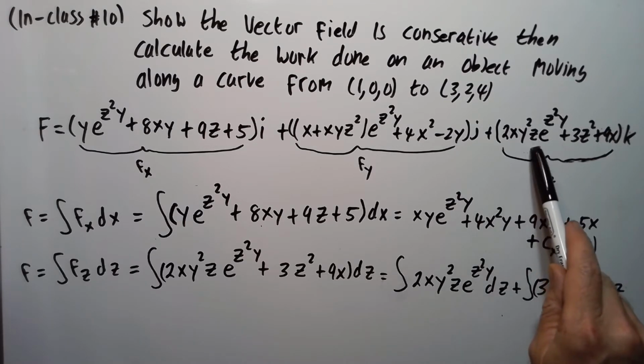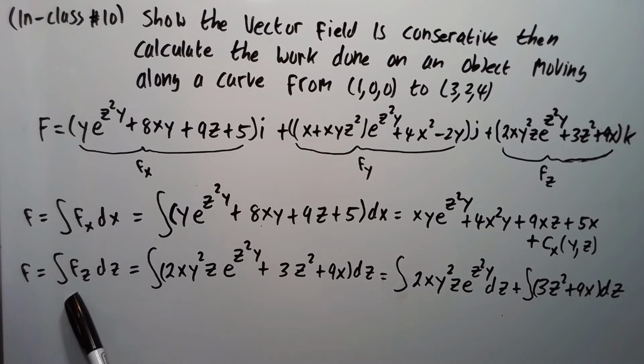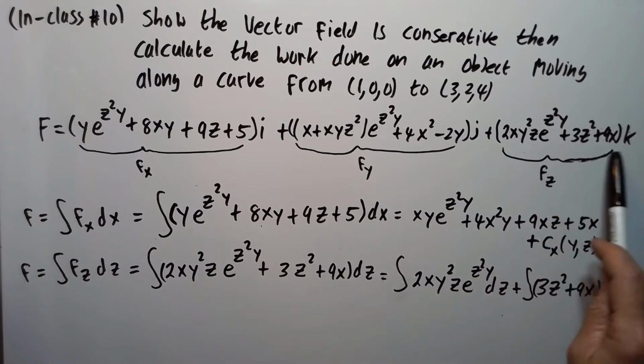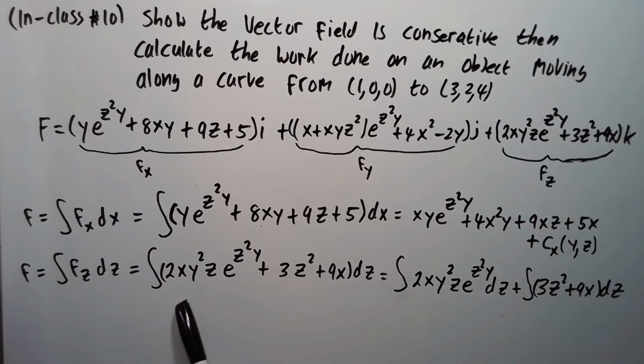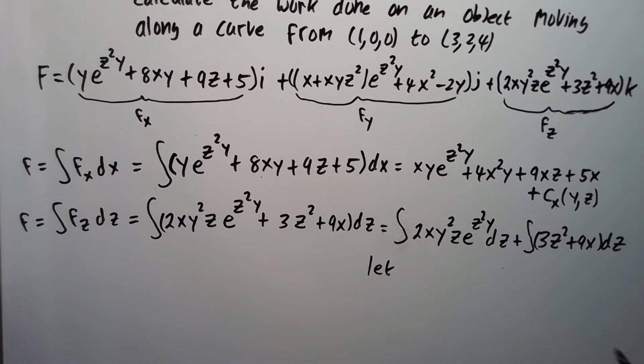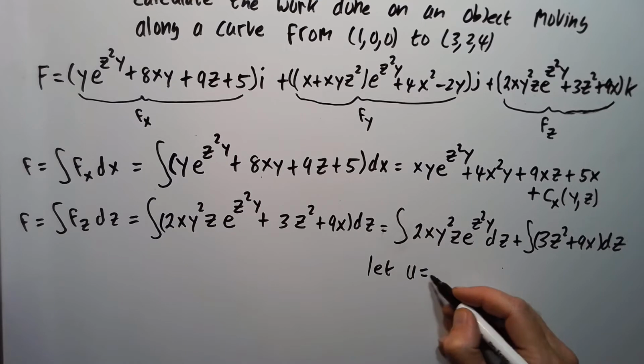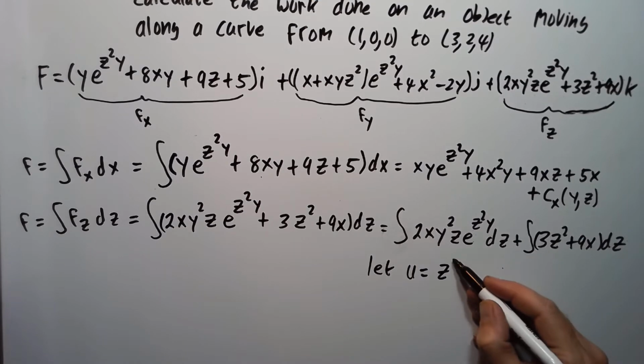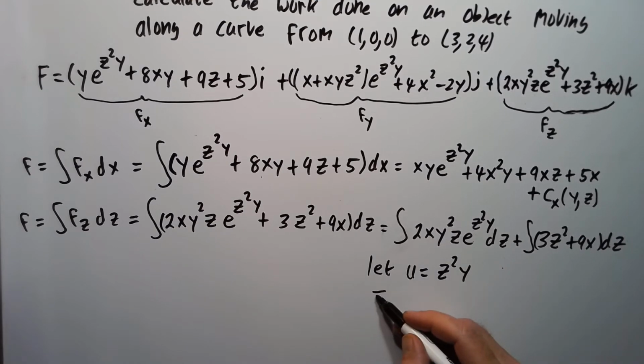So integrating our f_z with respect to z will make our f also. I'm going to integrate the k component over here. I broke it into two pieces because the first one is going to require a u substitution. So let u equal z squared y.